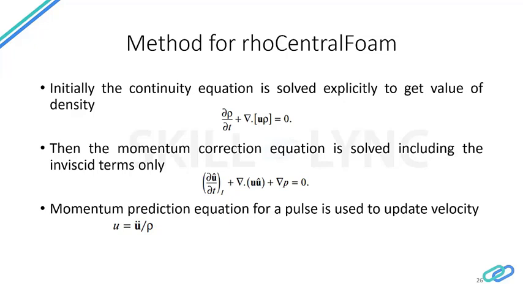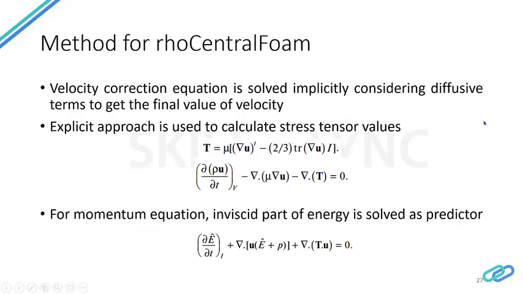After which, a prediction equation for momentum is chosen, and it is used to update velocity, which is then solved for in the velocity correction equation, which considers the diffusive terms, and we get the final value of velocity. After which, we choose the stress tensor values, and an explicit approach is used to solve for these equations.